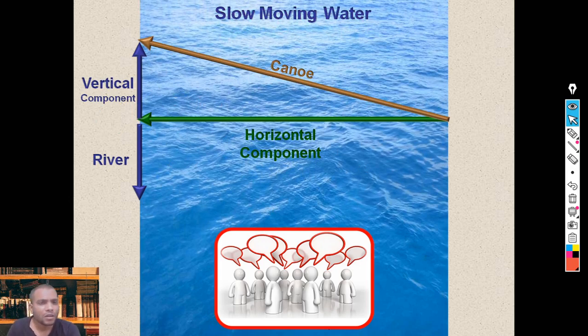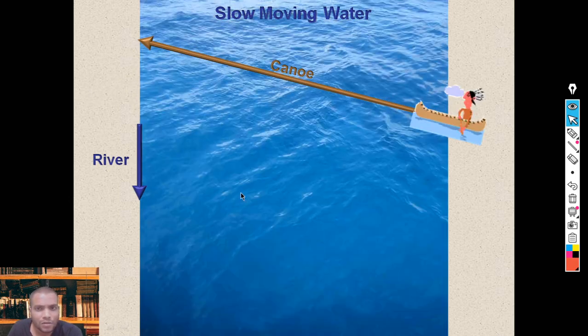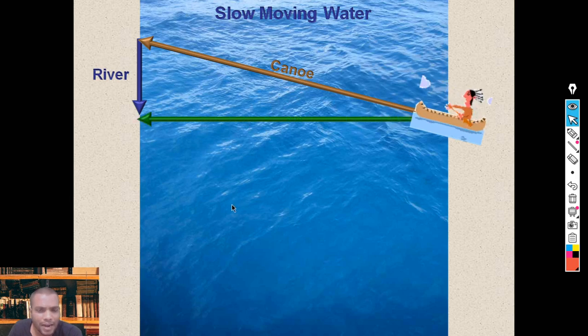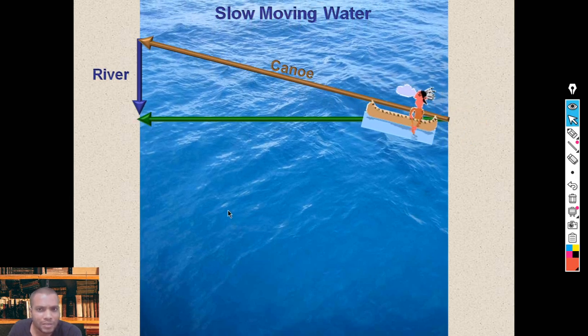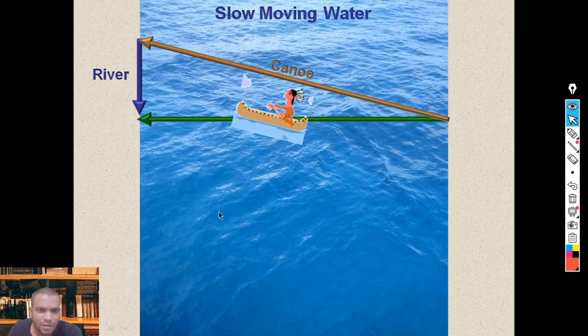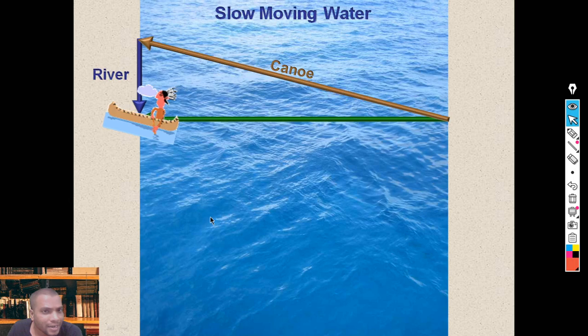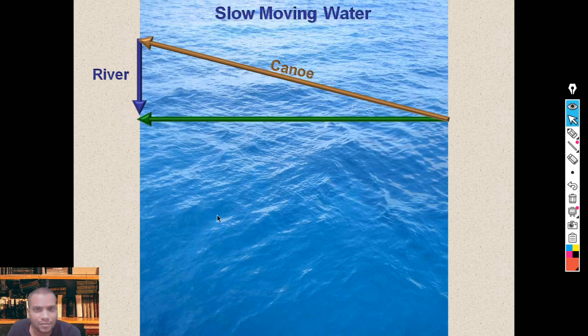Why? Because now the same vertical component is acting in the downward direction. The horizontal component and vertical component are both added, so we get the resultant. This is how we add the horizontal and vertical components, which leads to the perfect direction.